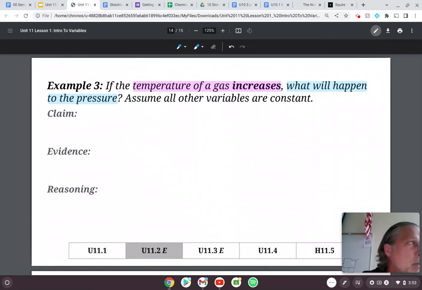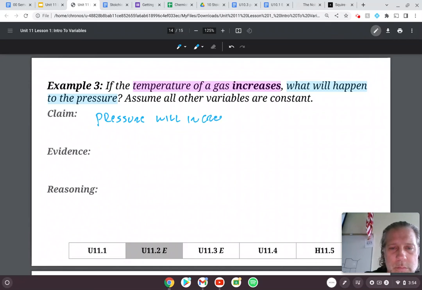So my claim here will be that pressure will increase. The evidence I have is that the temperature is going to increase.